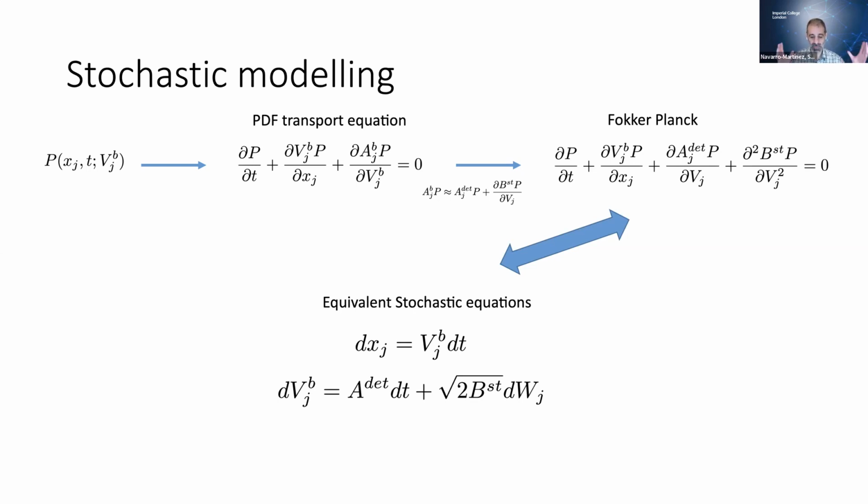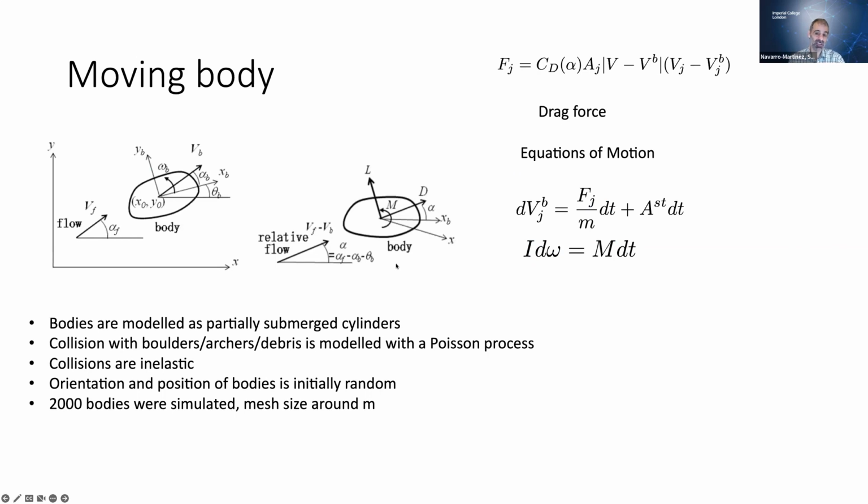Okay, great. We have all this. So instead of solving one body, we solve n bodies, in this case thousands of bodies, as stochastic trajectories. And we see what happened with the stochastic trajectories. The body itself, the equation is relatively simple. We allow the body to move and have a relative orientation. The bodies are modeled as partially submerged cylinders.